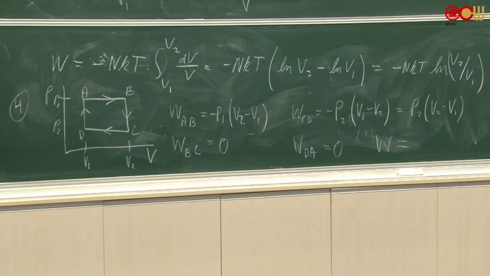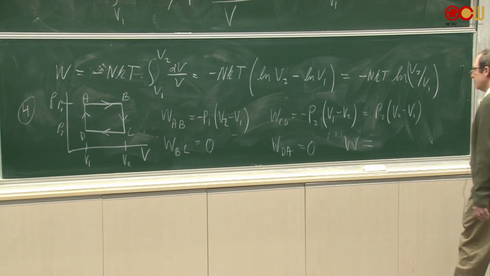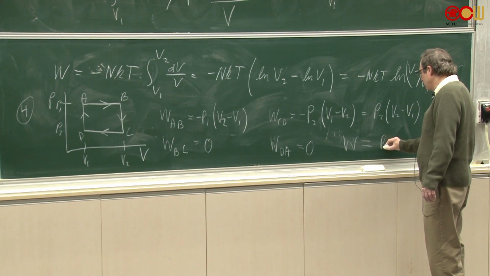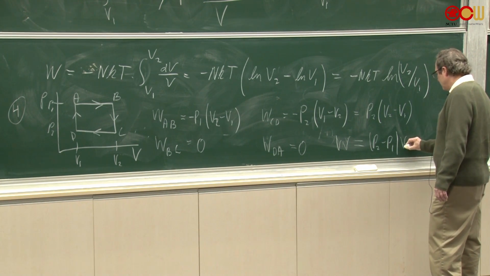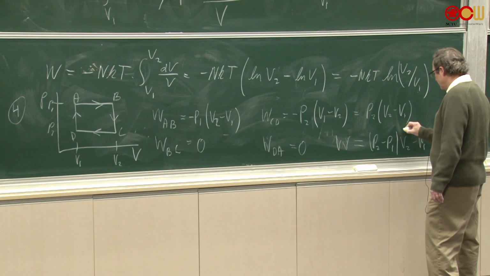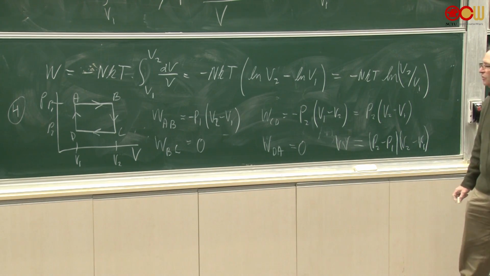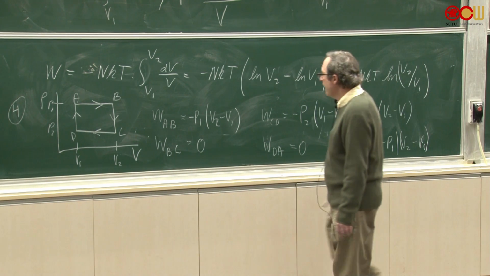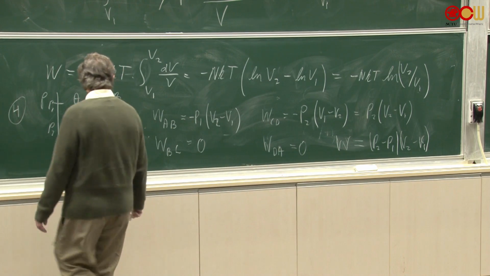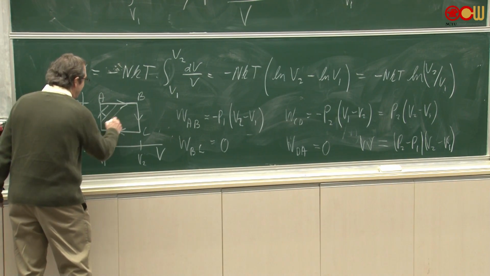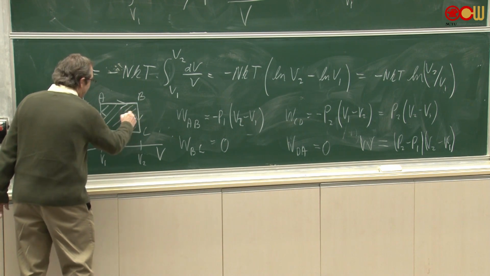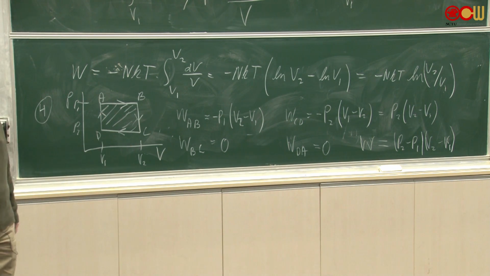it's not 0. It is P2 minus P1 times V2 minus V1. So that's the total work. And that work is simply the area inside there, right?